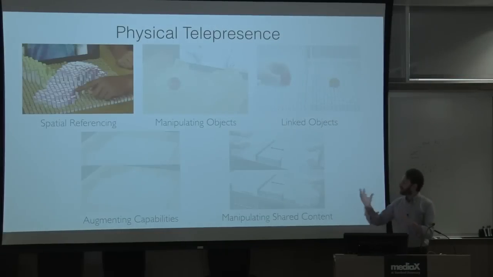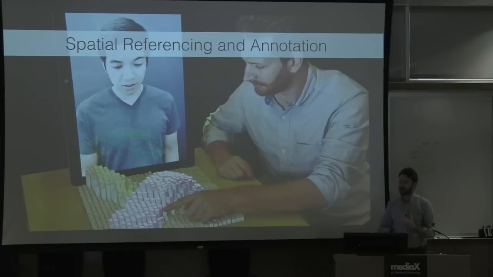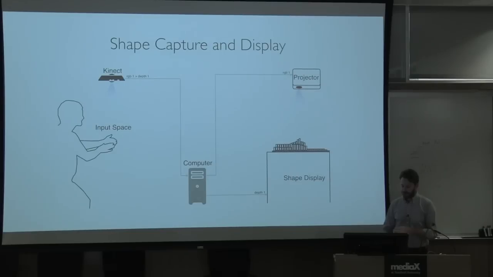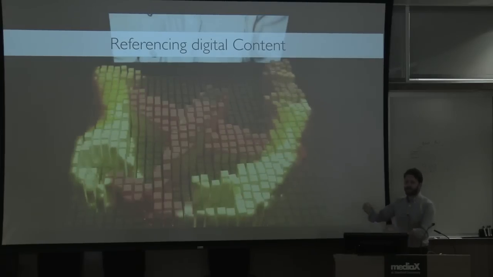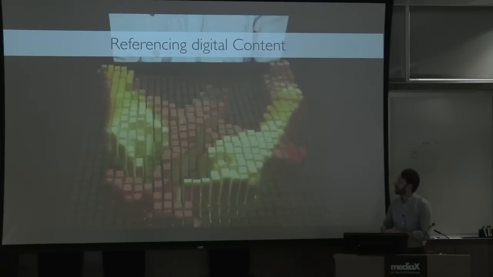So in this space of physical telepresence, one of the really important things is this notion of spatial referencing. We often use physical objects when we're collaborating to ground our conversation. Now with the shape display, we can capture the remote participant and then display them using the shape display in their color, and that allows them to reference 3D digital information as well.